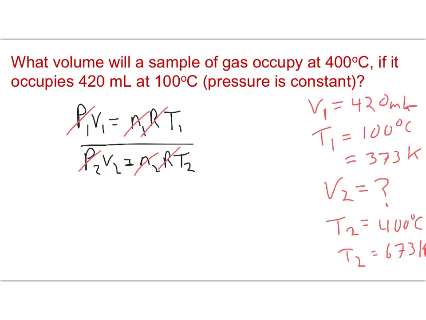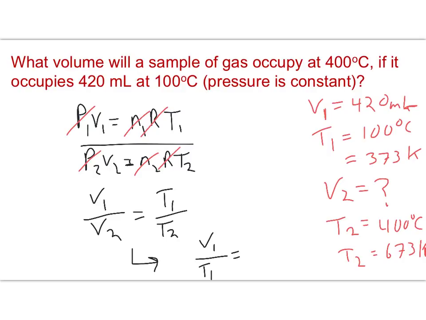So all of those variables are being held constant. They cancel; they're not changing. So we have V1, V2, T1, T2. Now to rearrange that, this is Charles' law, volume and temperature. Do a little algebra, and you see that V1 over T1 is equal to V2 over T2.